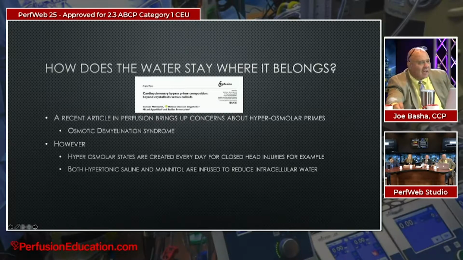I think having a somewhat hyperoncotic, hyperosmotic prime makes sense, because if I have to choose between shifting volume from the interstitial space into the blood vessels, and maybe even intracellular to extracellular transiently, I would rather that than shifting it the other direction. I think there's less risk of longer term sequelae associated with that.